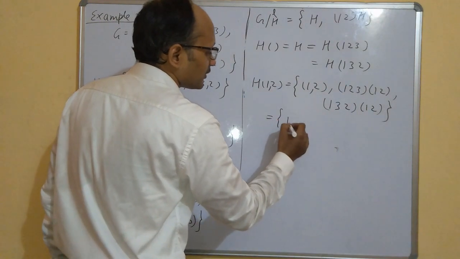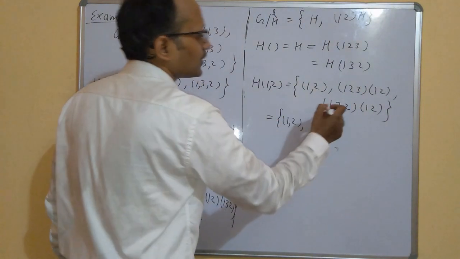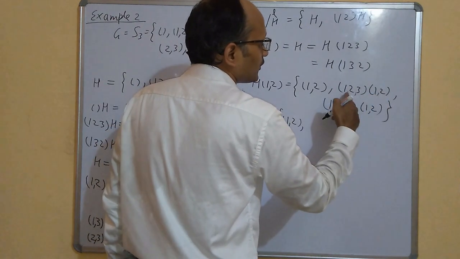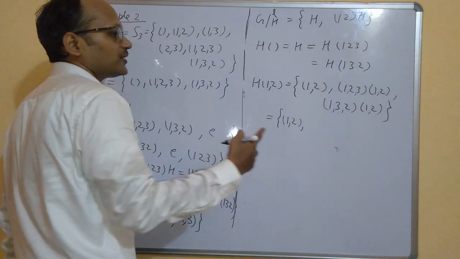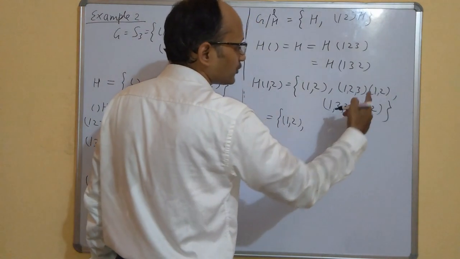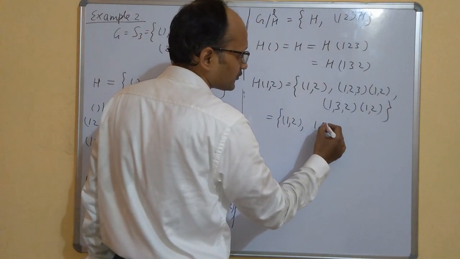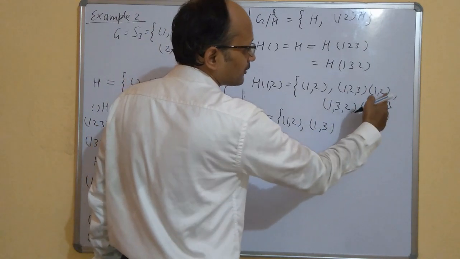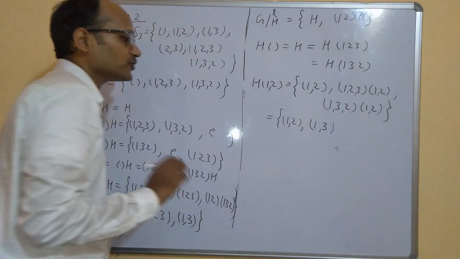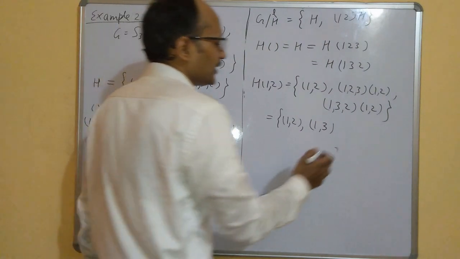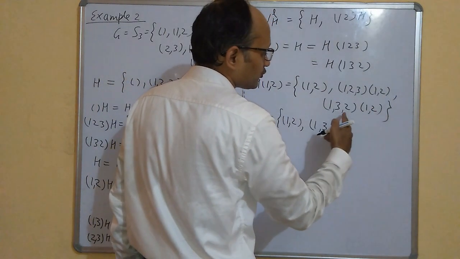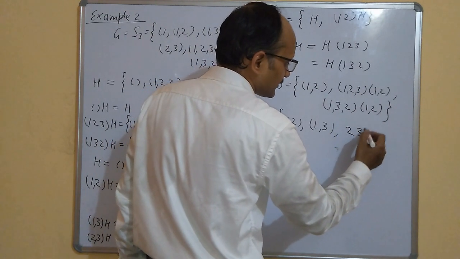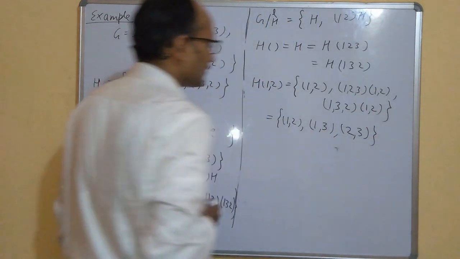Now let us calculate (1 2 3) into (1 2): 1 is going to 2, 2 is going to 3, so 1 is going to 3, 3 is going to 1, and 2 is going to 1, 1 is going to 2, so 2 is going to 2, so this is (1 3). And now let us see this, 1 is going to 2, 2 is going to 1, so 1 is fixed, and 2 is going to 3, and 3 is going to 2, so this is the same thing.